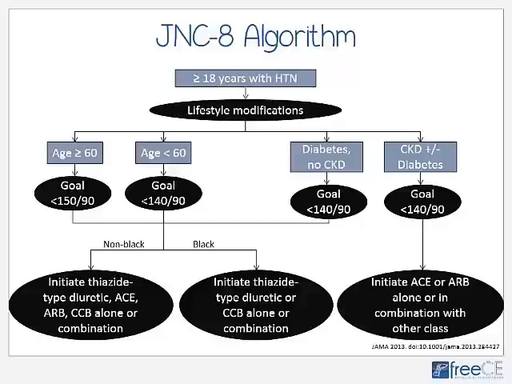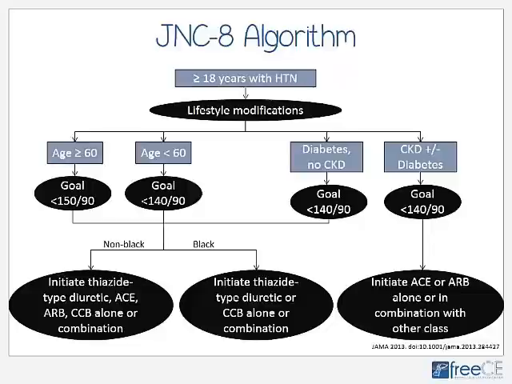Then we're going to choose our therapy, either based on one of those comorbidities. If it's chronic kidney disease, we're going straight with an ACE or an ARB. If they don't have chronic kidney disease, we have to look at their race. If they're Black, we have two choices, either a Thiazide-type diuretic or calcium channel blocker. If they are not Black, then we have more options: thiazide diuretic, ACE inhibitor, ARB, or a calcium channel blocker.